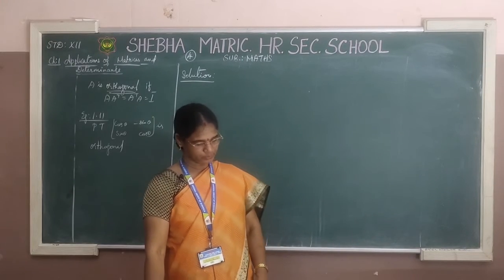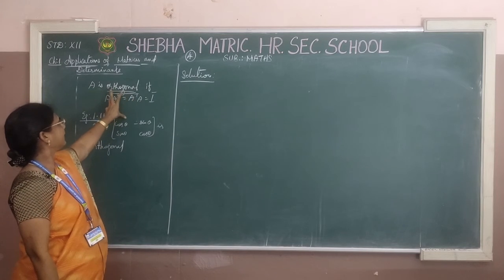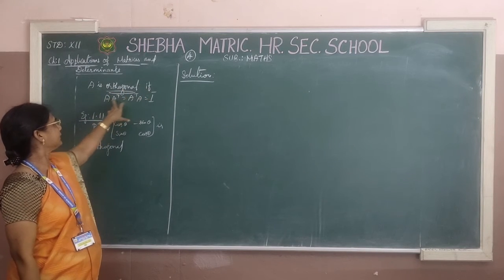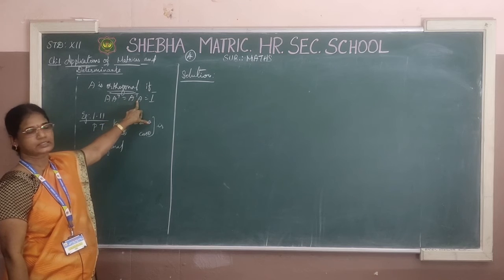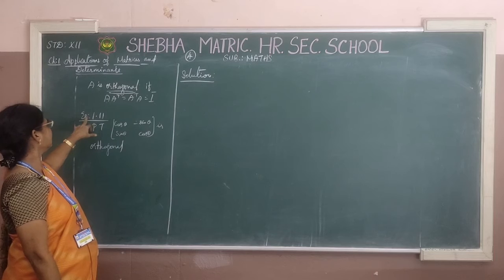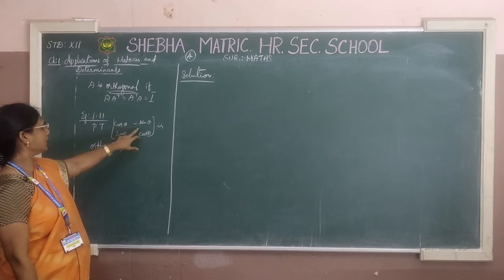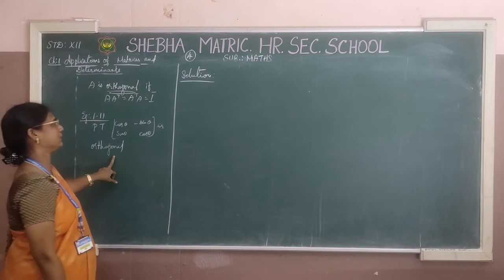Now, let us see one definition. What is that? Orthogonal matrix. A is said to be orthogonal if A transpose A is equal to the identity matrix. Listen, let us see example 1.11. Prove that this is an orthogonal matrix.